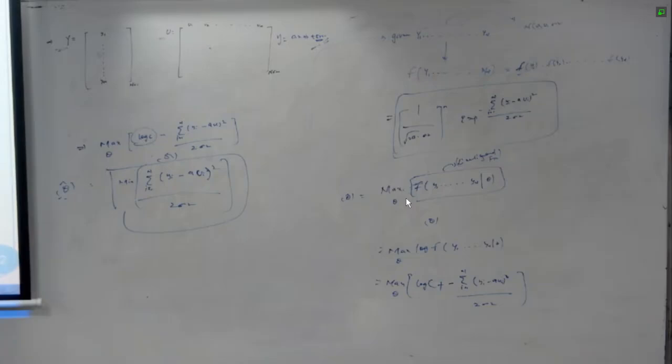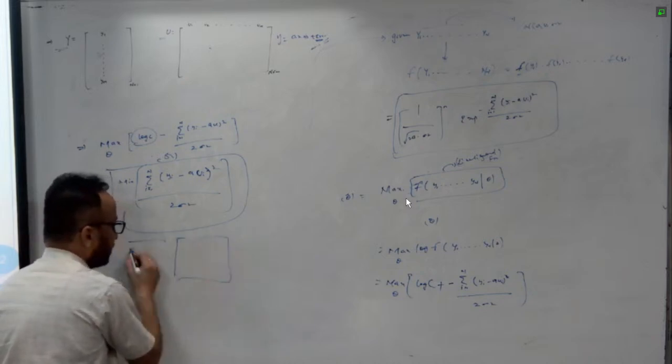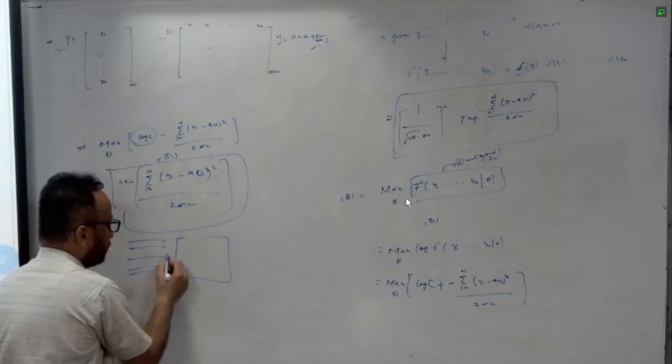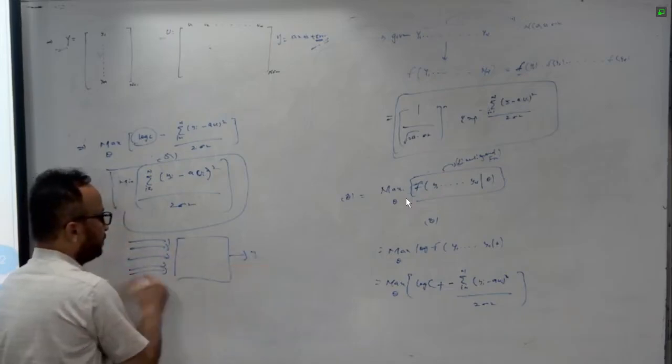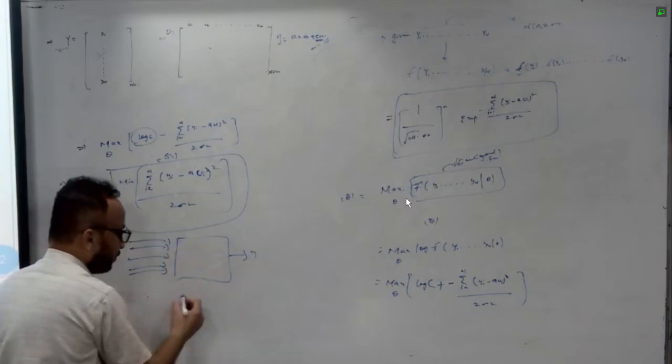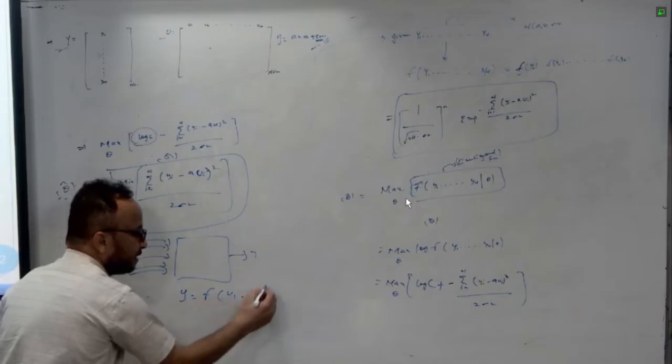You are just solving a regression problem. Let's suppose you have a process or a set of inputs u1, u2, u3, and you have an output. So you are just solving y equals a function of u1, u2, u3. You are fitting a simple model.